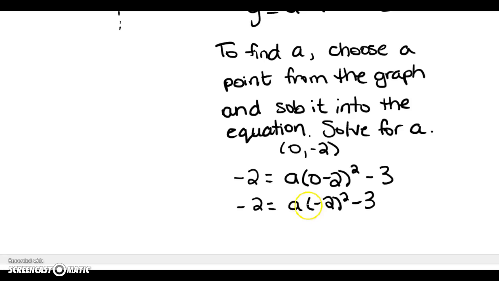Then our next step, if we're following along with BEDMAS, is to do our exponents. So let's apply that square to that -2. So we have -2 is equal to a times 4, since (-2) squared is +4, and then subtract 3.